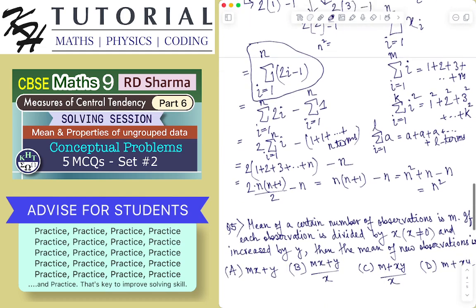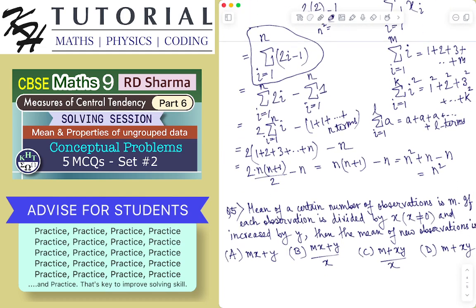Basically, I now have the sum of the first n odd natural numbers as n square. So the mean will be n square divided by n. This is given to be n square by 81.